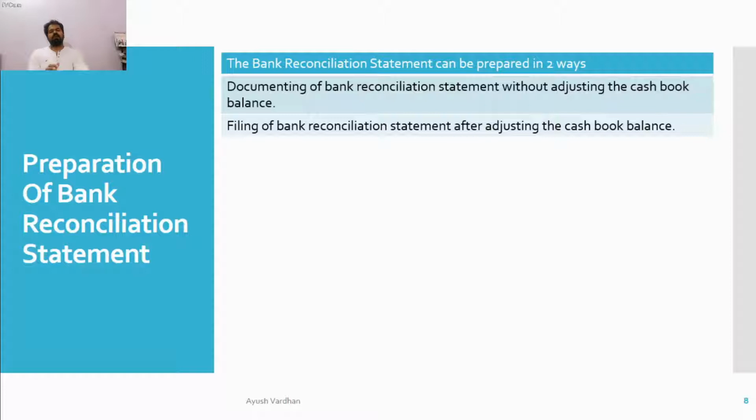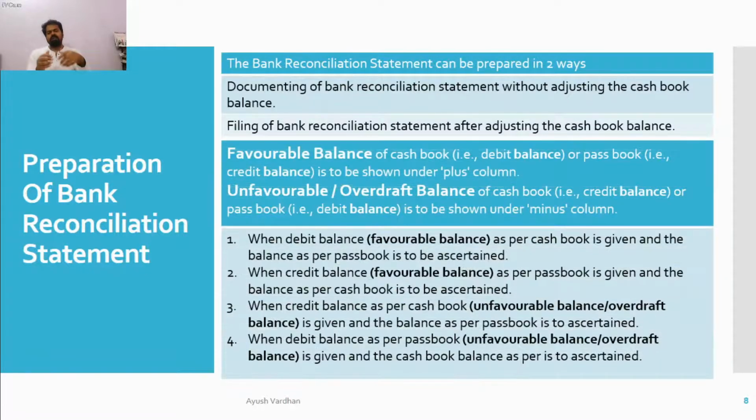Okay, so there are some conditions for this preparation. That is, do you have a favorable balance, or do you have an overdraft or unfavorable balance in the bank? So what is a favorable balance? A favorable balance is a debit balance of the cash book, or a credit balance of the passbook.